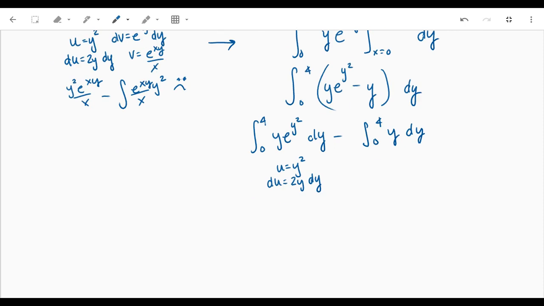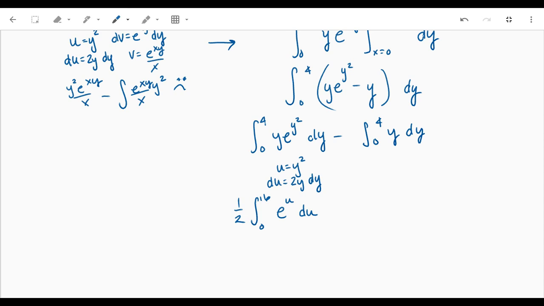And when I do my u subs, I like to swap out my limits too. Right now they're in terms of y, so I square them to get u. And I would have e to the u du, and I would need a 1/2 out front there then.